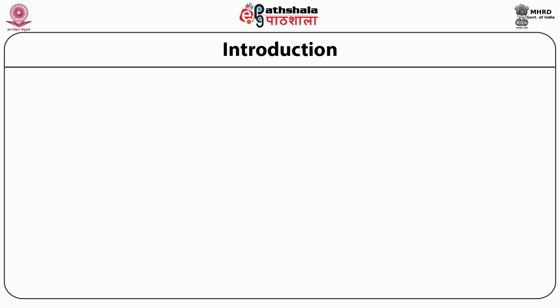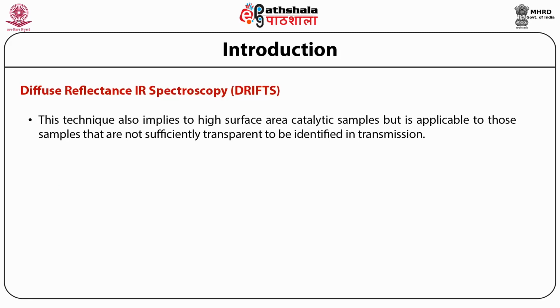The third in this series is called diffuse reflectance IR spectroscopy, in short called DRIFTS. This technique also employs high surface area catalytic samples, but it is applicable to those samples that are not sufficiently transparent to be analyzed in transmission.